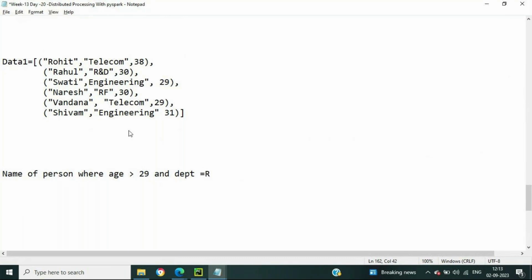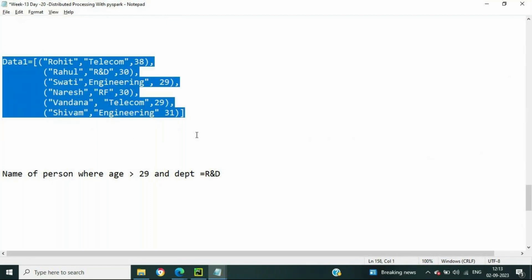Yeah? I want a query from your side on this particular data. Name of person where age is greater than 29 and department equal to R&D. Write a Spark SQL query for me in order to calculate this.